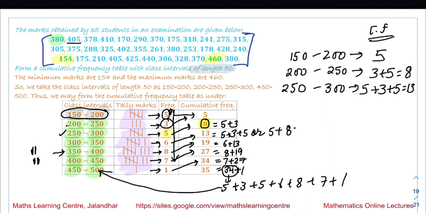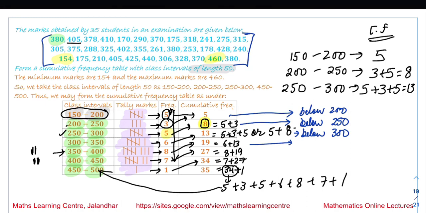Now what does this frequency represent? In place of the interval, we say these are the marks obtained below 200. How many students are there whose marks are below 200? These are the number of students whose marks are below 250. These are the number of students whose marks are below 300.